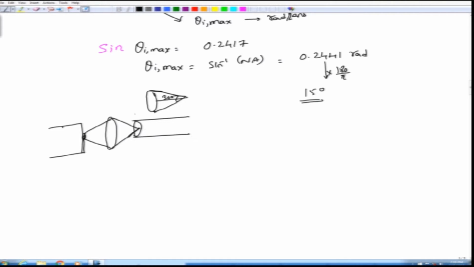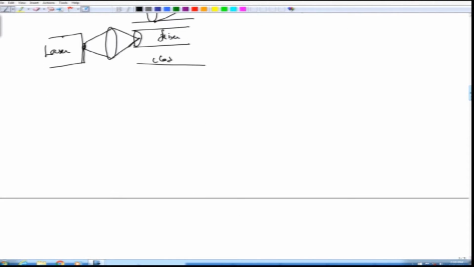So this is your fiber core and this would be the cladding. This is how you couple light from a laser onto the fiber. So these calculations are required in order to find the lens power and the focal length of the lens.